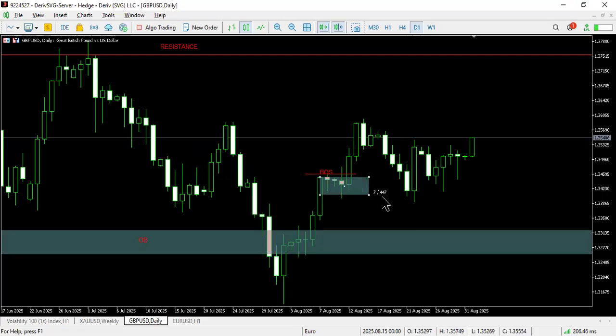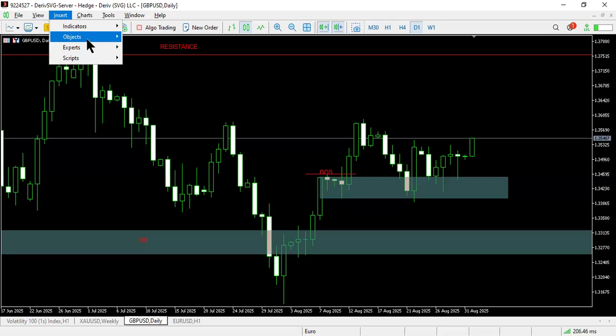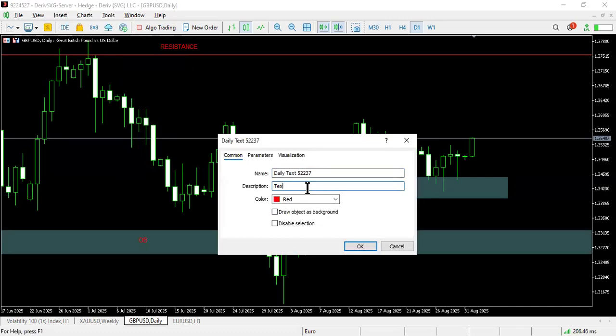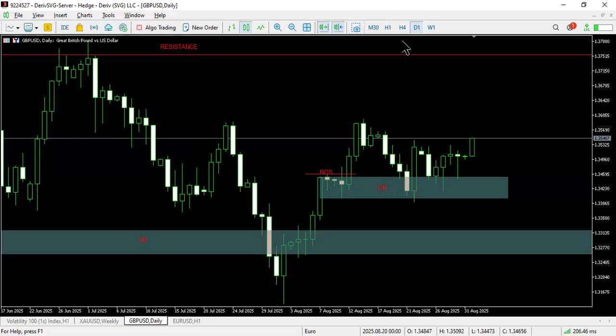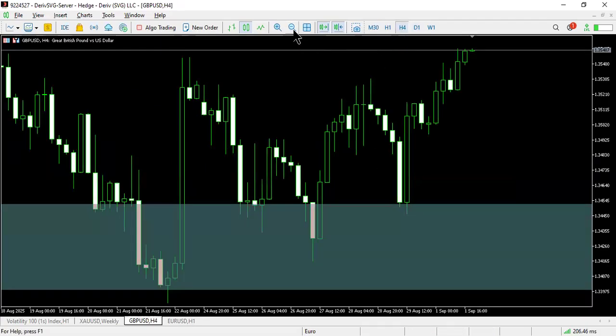That is our order block where price is currently reacting off it. So that is all we can do on the daily time frame. And then we go to the 4-hour time frame.